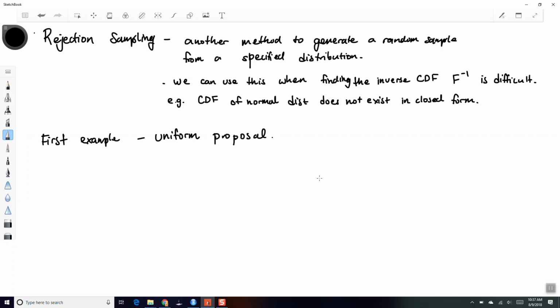The way it works is the PDF of interest is proportional to sine of x, and we're on the interval that x goes from 0 to pi.